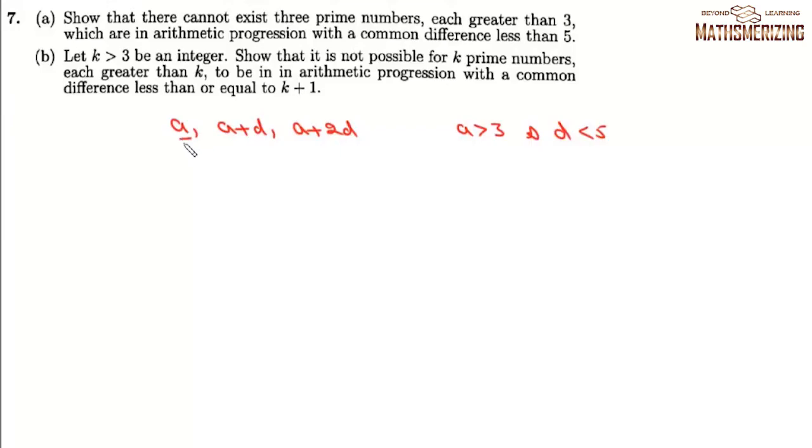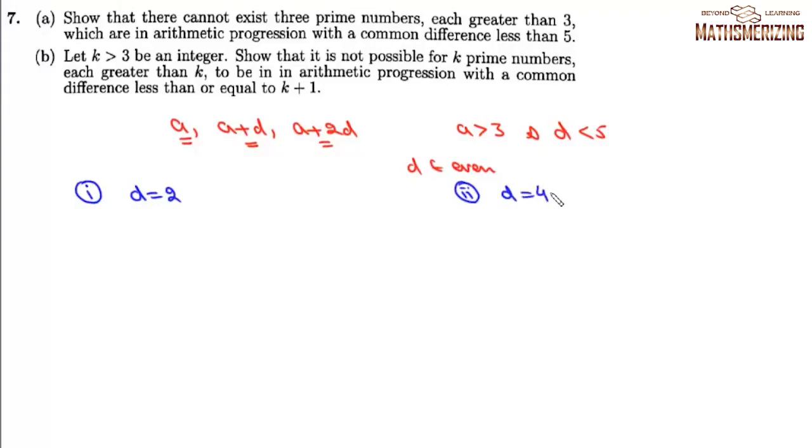Now since all these 3 numbers, they are prime numbers greater than 3, they are odd numbers. And if they are odd numbers, that means their common difference must be an even number. So this d is an even number. When d is less than 5, we have 2 cases. Either the value of d is 2 or the value of d is 4.